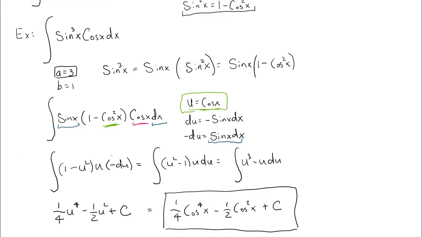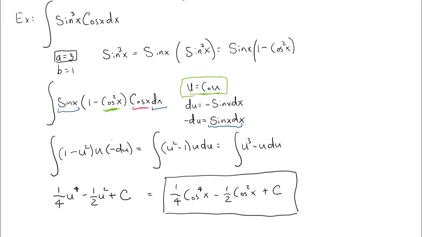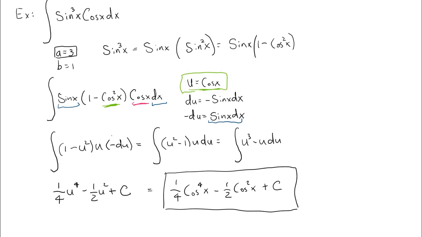And what we're left with outside of the parentheses is always one sine of x, which we have right here. And then by using the u substitution, u equals cosine of x, which we'll always have because we already converted it into 1 minus cosine squared of x, as our du, we will always end up with a sine of x dx, and we'll be able to get rid of the sine of x here that was left over.